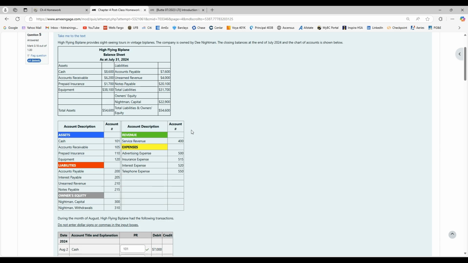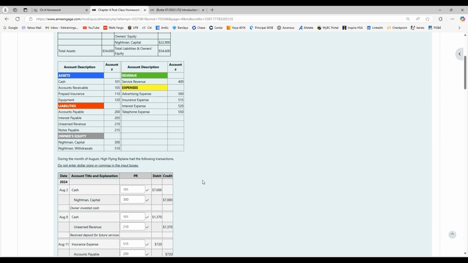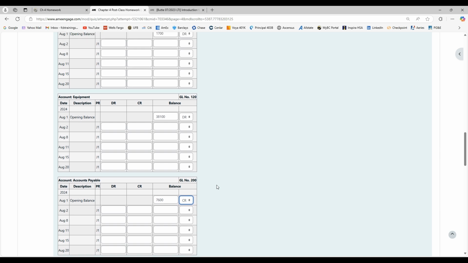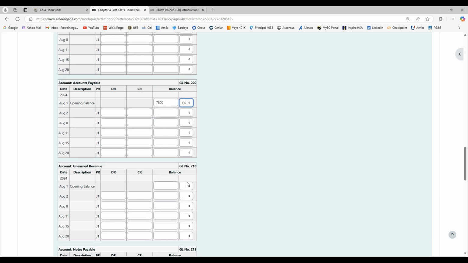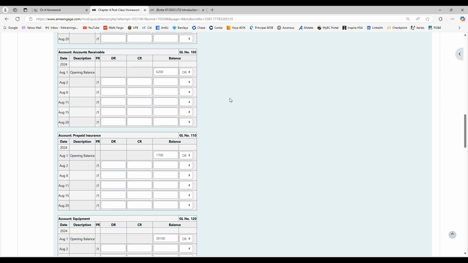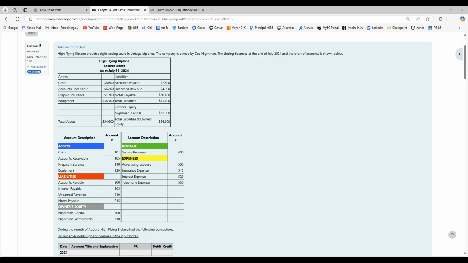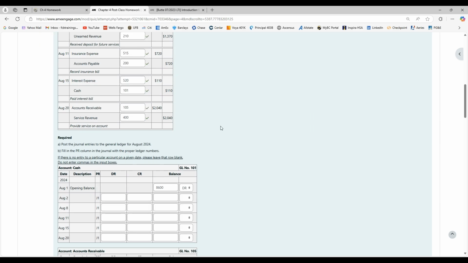Now we have liabilities. Accounts payable, so 7,600. And now we're doing liabilities, which have a credit normal balance. They increase on the credit side. They start with a credit balance unless they're negative for some reason, a mistake or something happens. But they should have a credit balance typically. Unearned revenue 4,000.